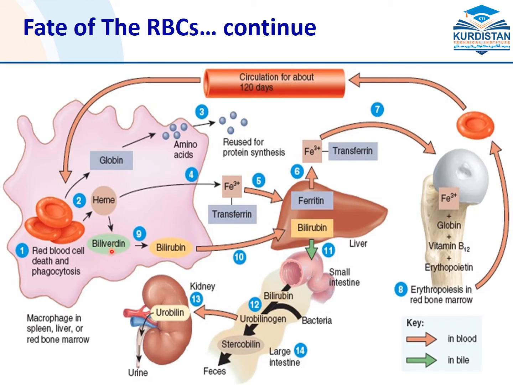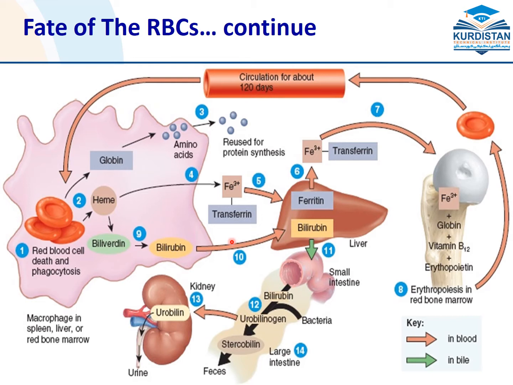While the protoporphyrin ring can be converted into what? Into biliverdin within the macrophage, and then it can be converted into what? Into bilirubin. And when biliverdin is converted into bilirubin, the bilirubin can be released into the circulatory system.